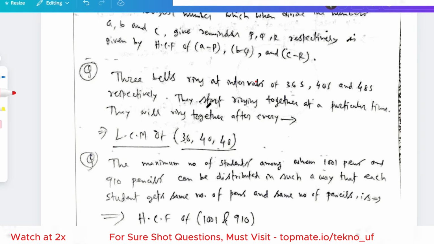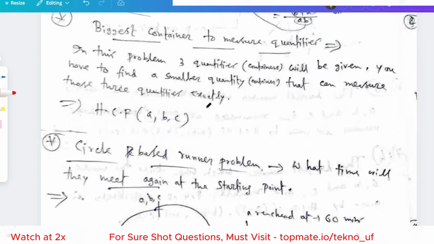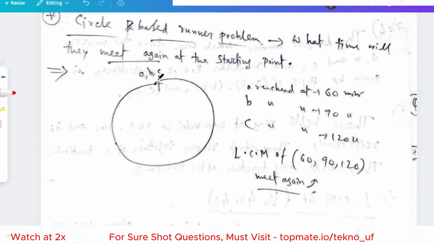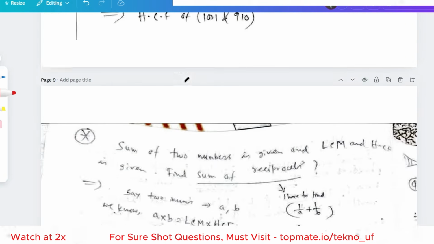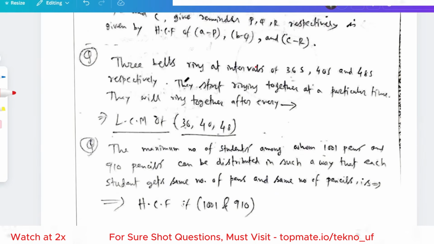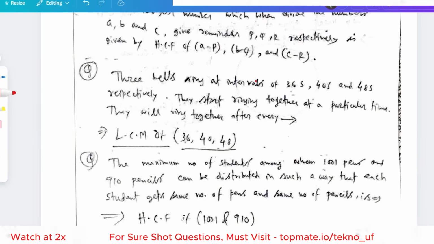This is similar to this concept: when will they meet again, when will they ring together again. In this type of problem, you have to calculate the LCM of these numbers, 36, 48 seconds and 48 seconds.